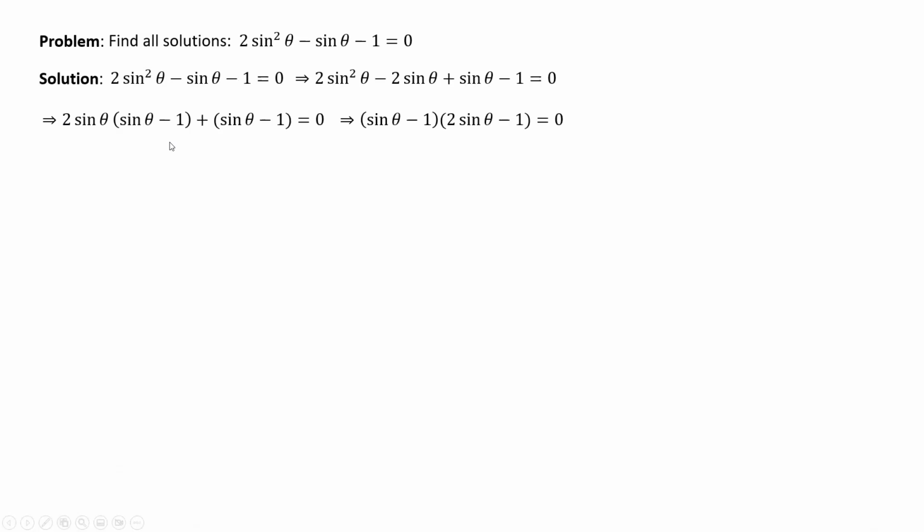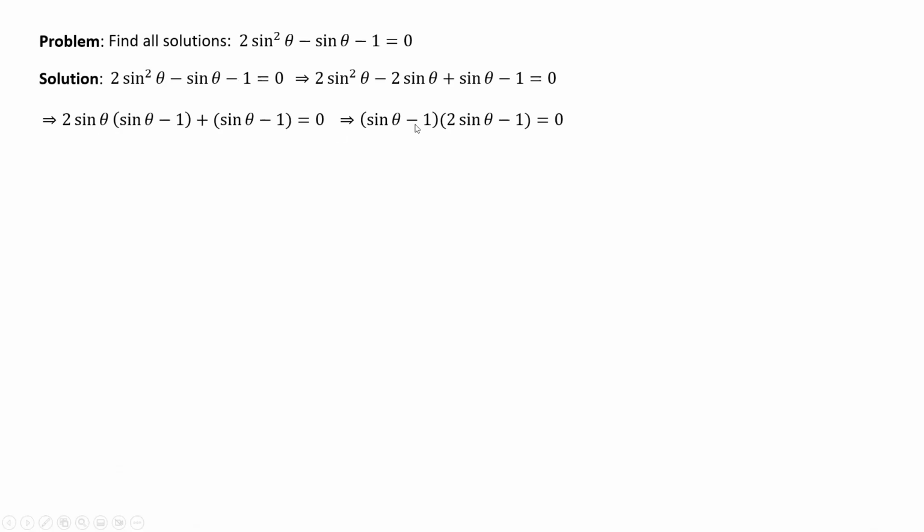The good news is this way of splitting helped us. Notice we have a sine theta minus 1 in the parenthesis here and the same sine theta minus 1 here, which means we can factor out a sine theta minus 1 again from both these terms.